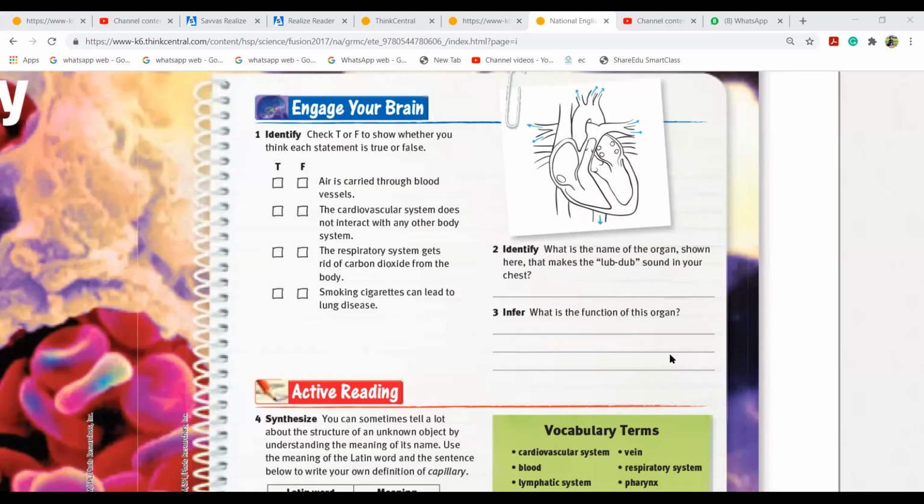What do you take out from your mouth when you breathe out? We get oxygen, and we take out carbon dioxide. Very good. That means you are a good science student. That's true. This system gets rid of carbon dioxide from the body.